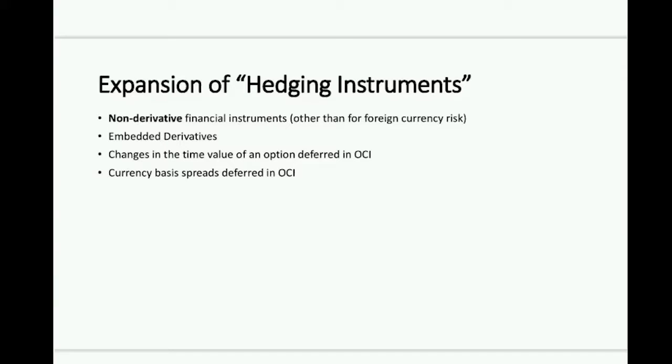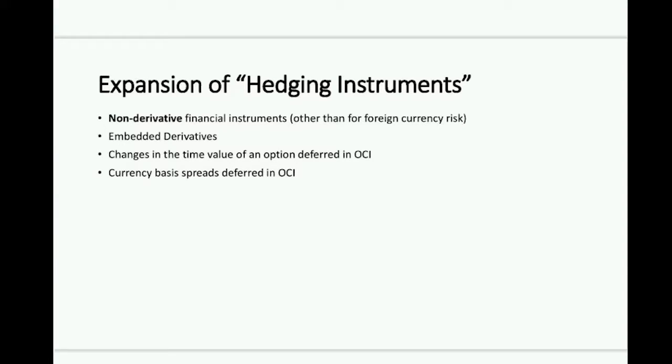So not only have there been changes to the different types of items that we can designate as hedged items under the new standard, but also there's been an expansion of the hedging items that can be designated as hedging instruments under the new standard.